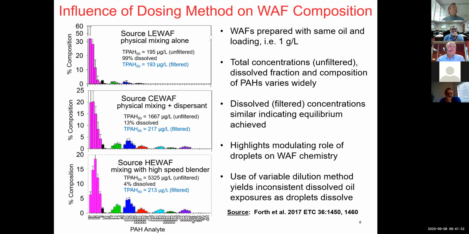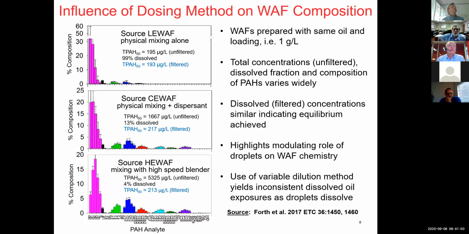And so what you can see from this analysis, and I've also included the total concentrations, the dissolved concentrations, and then the fraction that's dissolved, which is essentially the fraction of the filtered versus the unfiltered measurements of the TPH50.